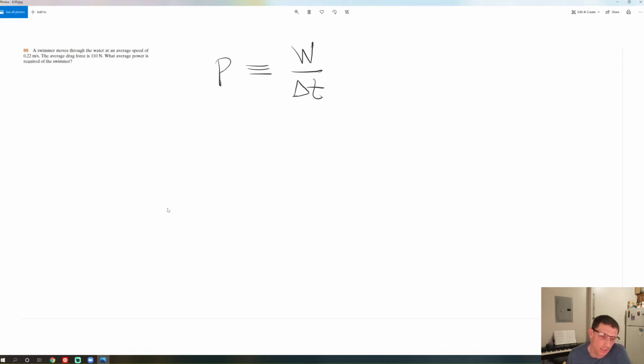Power is going to have units, in case you're curious. The units of work are just joules, and the units of time are just seconds. So this is just a joule per second, which is also called a watt.